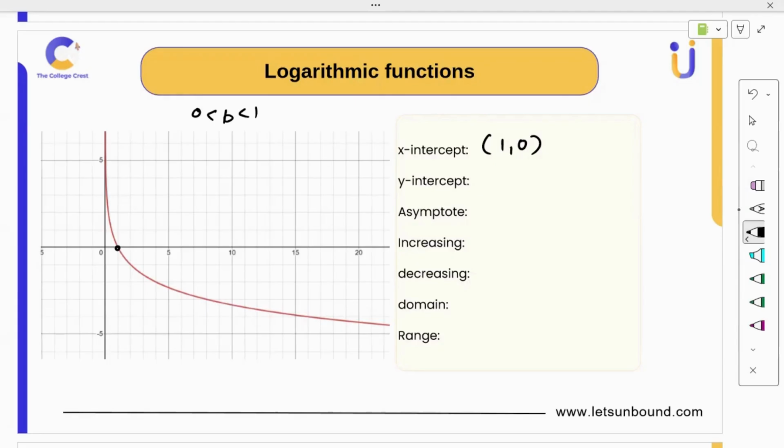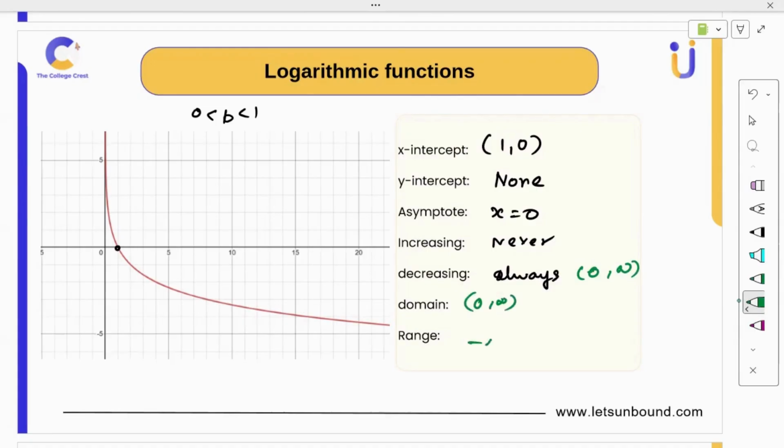It seems like it crosses at 5, but it doesn't. Asymptote: your y-axis, so a vertical asymptote, x = 0. Increasing: never increases. It decreases throughout, so it's always decreasing. You can mention it's decreasing throughout from 0 to infinity. Domain: 0 to infinity. Range: minus infinity to infinity.